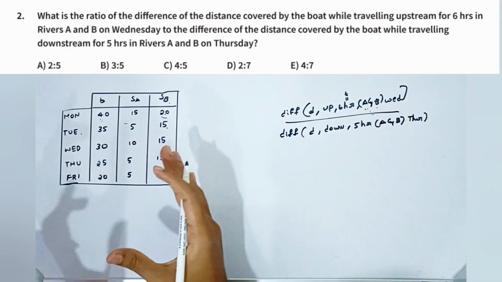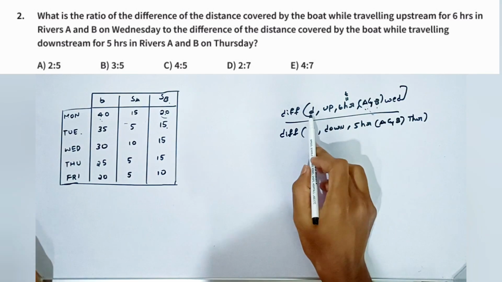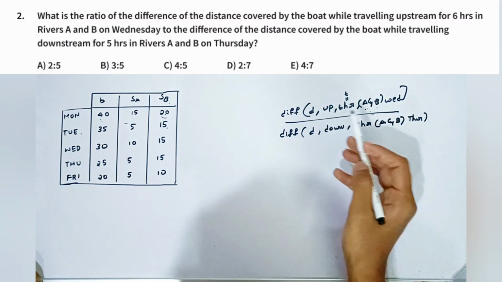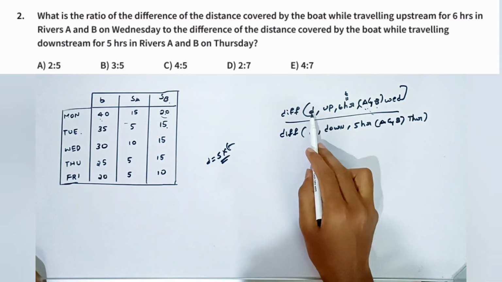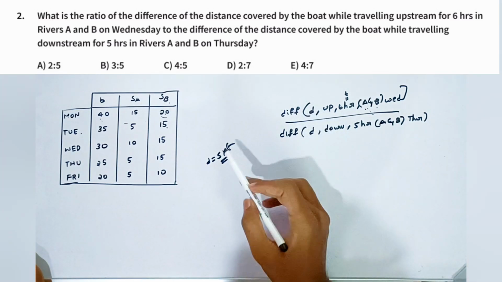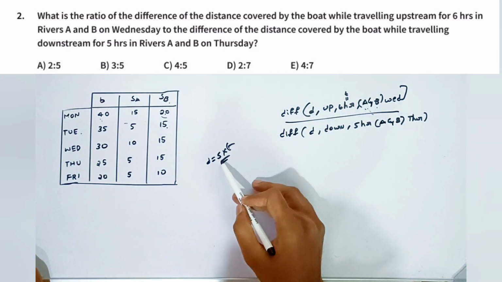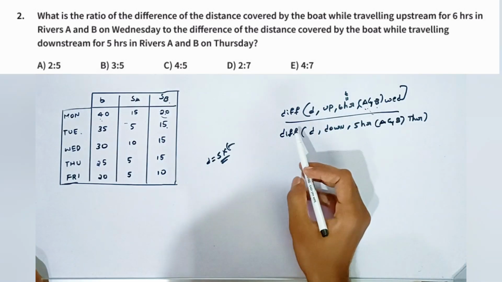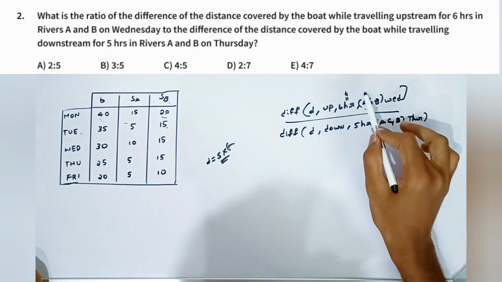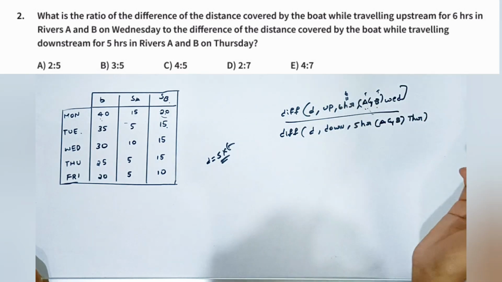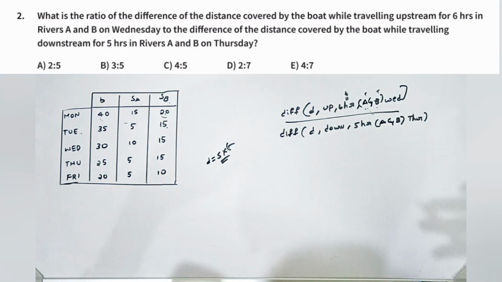The distance formula is nothing but speed into time, right? So we have to calculate A and B and then find out the difference.